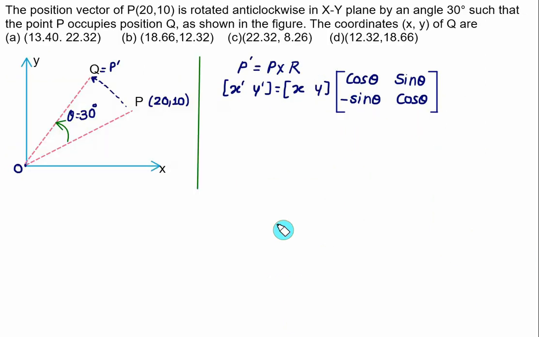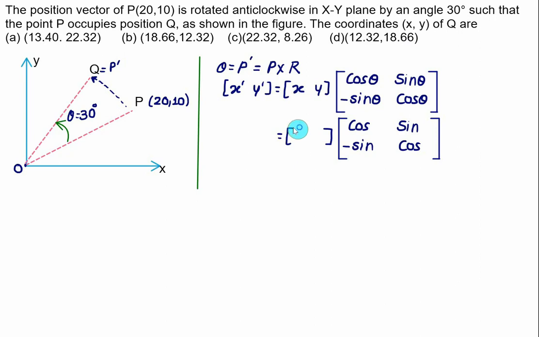So we can calculate here the coordinate of Q, which is the same as P prime. So Q is the same as P prime, obtained as P into R. So we have X prime Y prime is equal to XY times cos theta, sin theta, minus sin theta, cos theta. So replace X equal to 20, Y equal to 10, theta equal to 30 degrees.